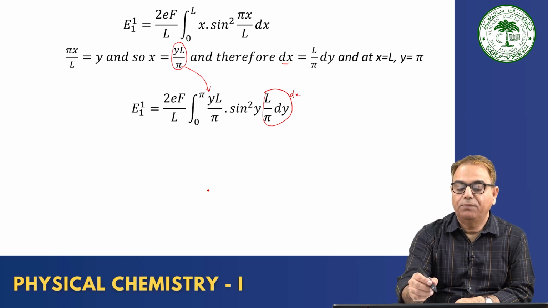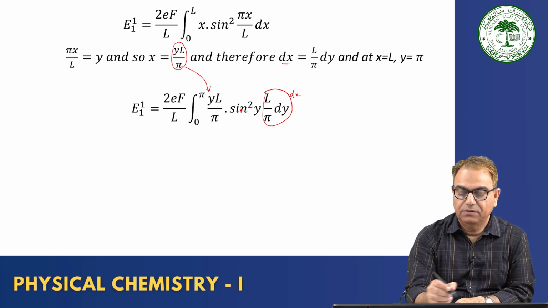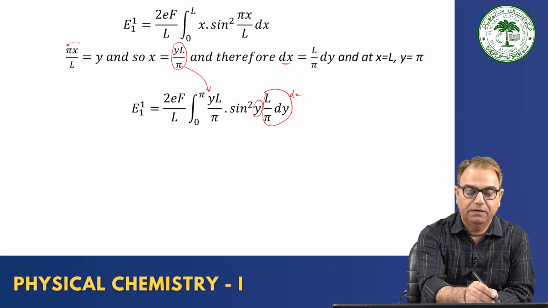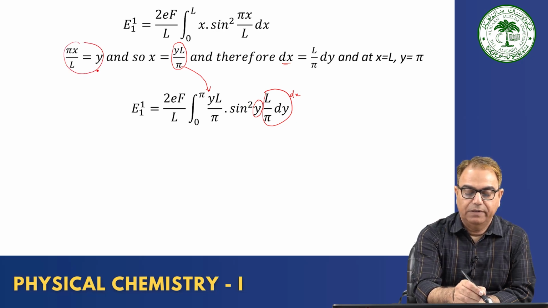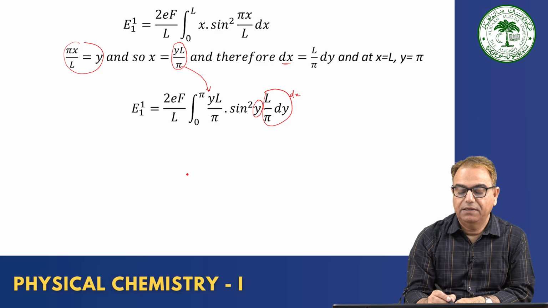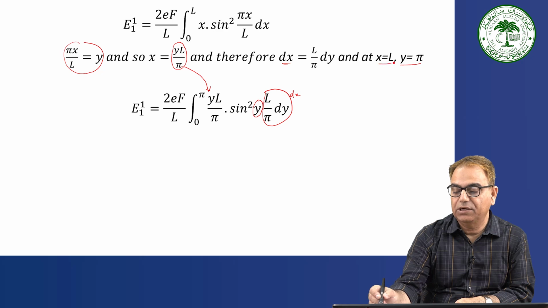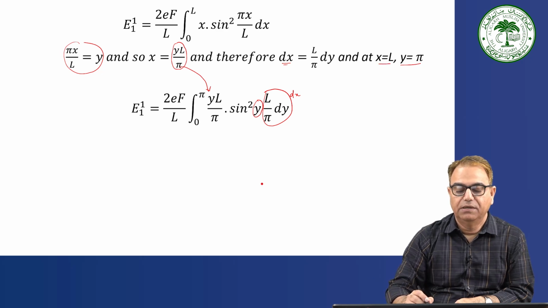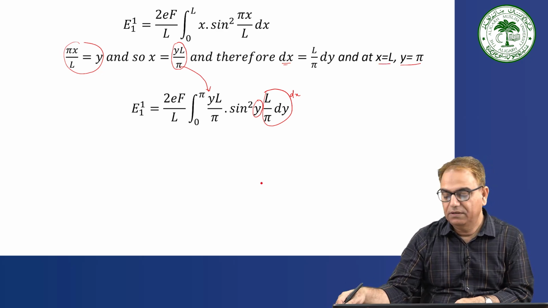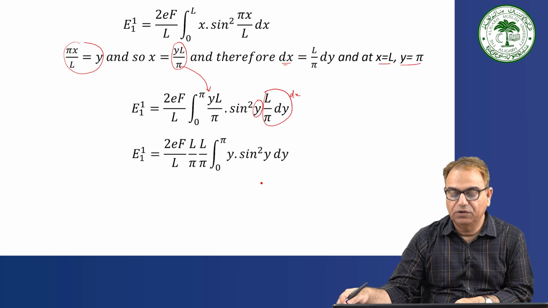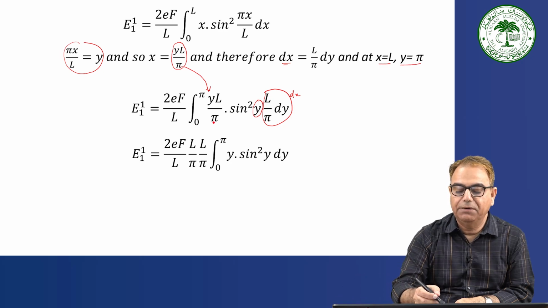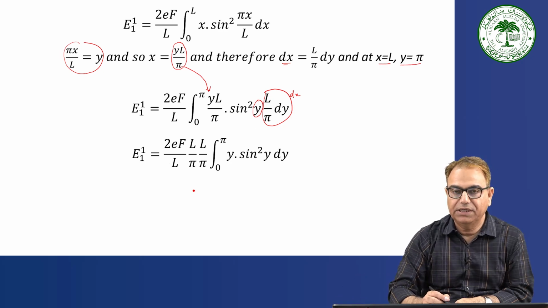Now pi x divided by L is y, and the limits will be 0 to pi, because at x equal to L, y is equal to pi. If you solve this integration, it is very easy. L by pi and L by pi you can bring outside the integral.